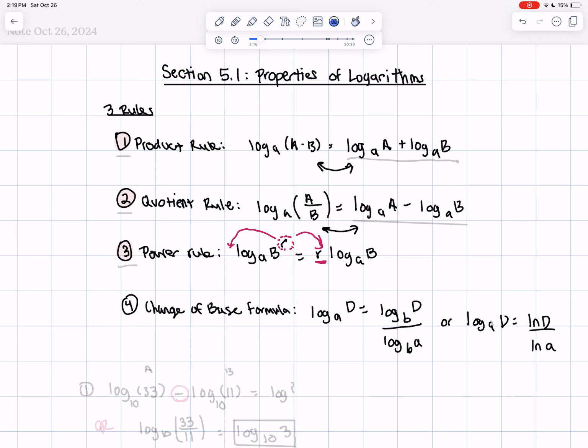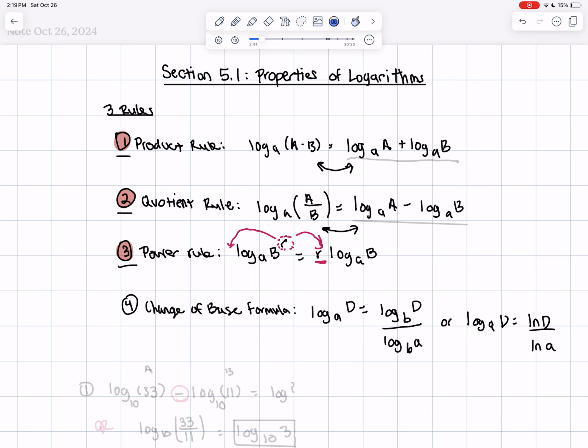So in problems we can actually use log or ln. Either one will work. We tend to use log more, but ln can be used as well. Okay, so we're going to be using the first three more frequently than the fourth one, but the fourth one we have to keep in mind as well.